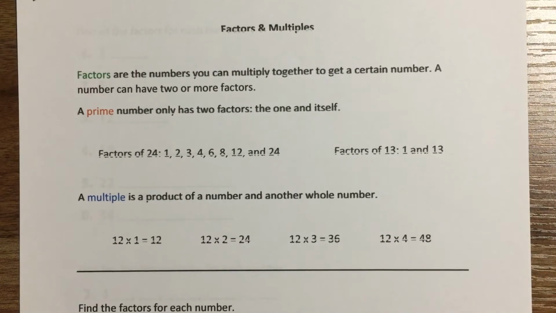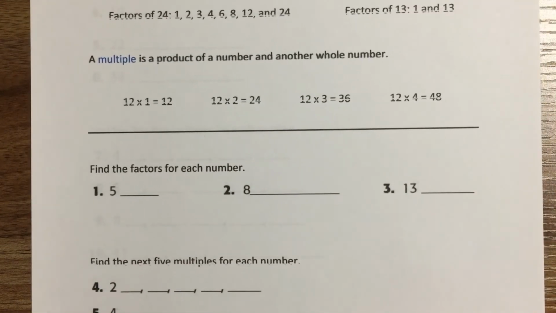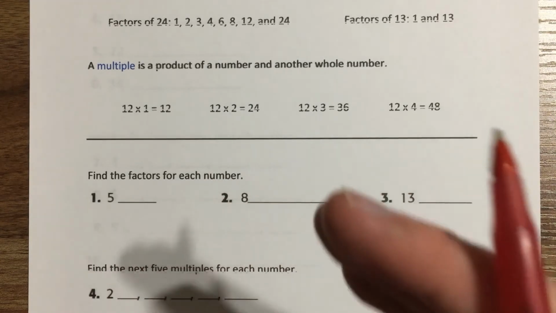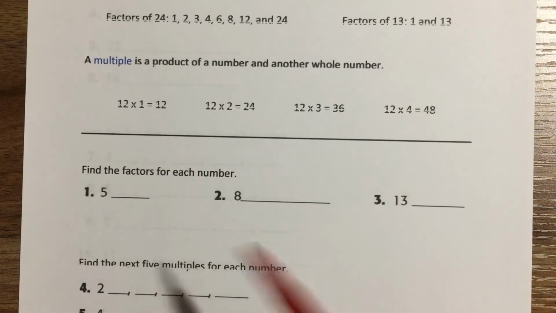Okay, so let's take a look at some practice problems here. 1, 2, and 3. We want to find the factors for each one of these three numbers. So number 1, 5. Factors need to be less than or equal to whatever number we're working with, so the numbers have to be 5 or less. Which whole numbers, 5 or less, multiply together to get 5?